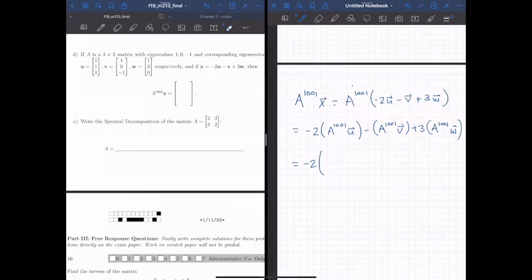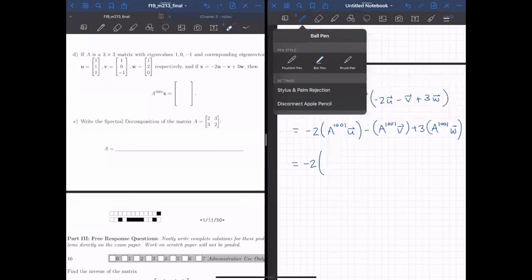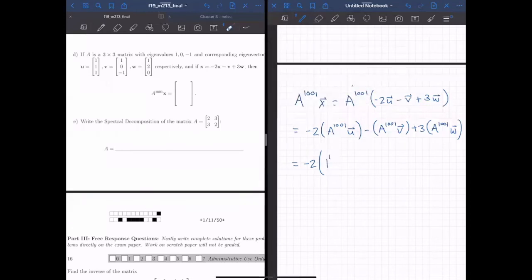Lambda times U. Every time I multiply by A, I just get lambda times U, right? And since in this case lambda is equal to 1, every time I multiply by A, I'm really just multiplying by 1 every single time. And so that's the same thing as lambda to the 1001 times U, which is just 1 to the 1001 times U, okay?